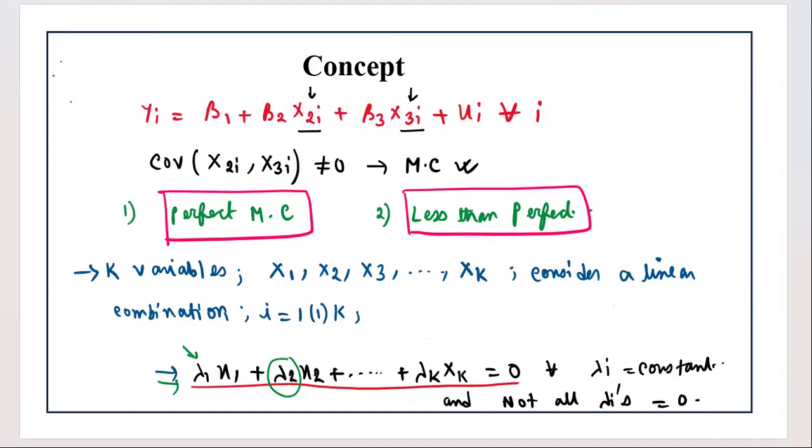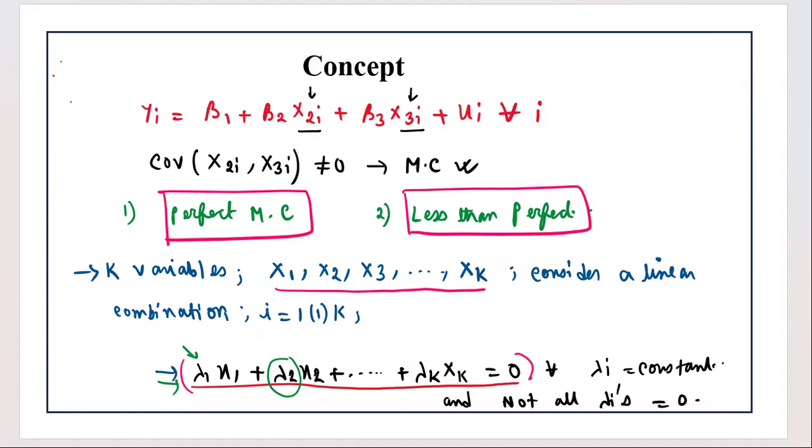What we have done is that we have considered a multiple linear regression model with k explanatory variables, and we observe that an exact linear relationship exists. Exact means there is no random term, right? Here this system of equations can be determined exactly, and there is no randomness.